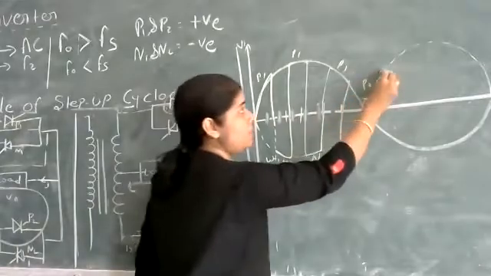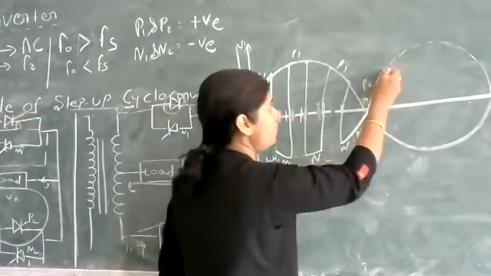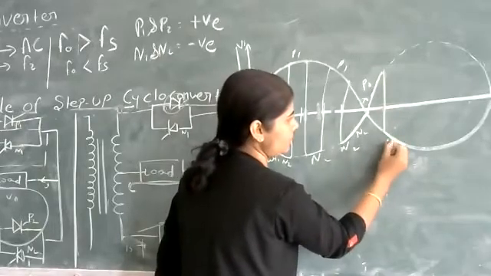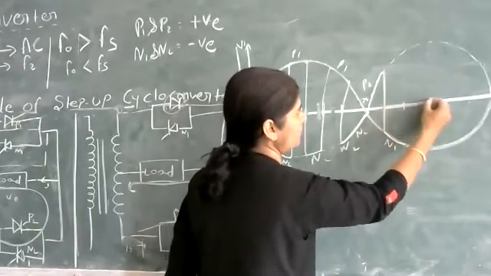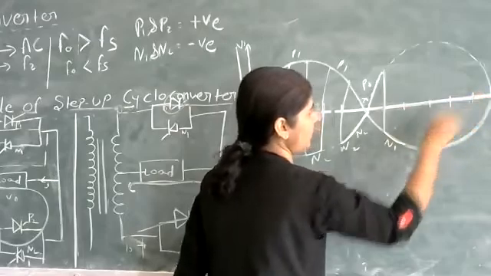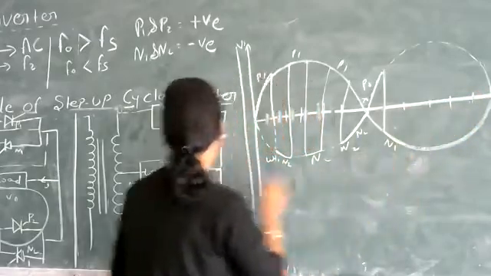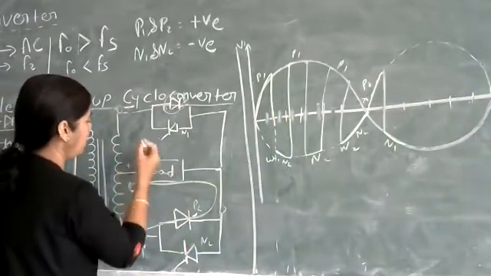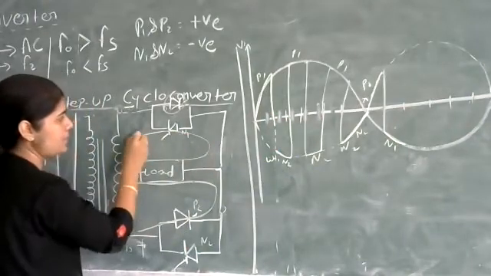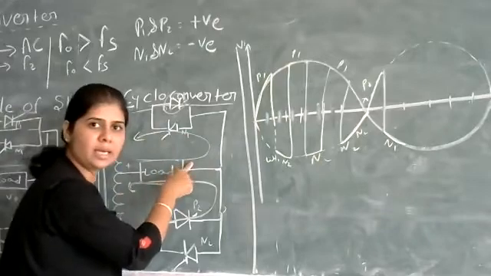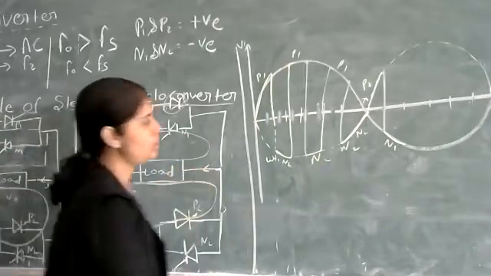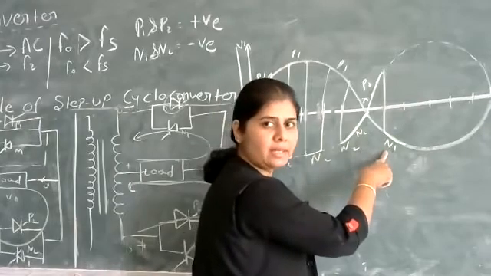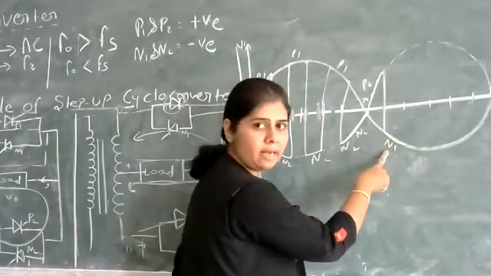At the same time, we trigger thyristor N1. When N1 is triggered, the load current flows in the opposite direction, so we get the waveform in the negative direction with the help of thyristor N1.